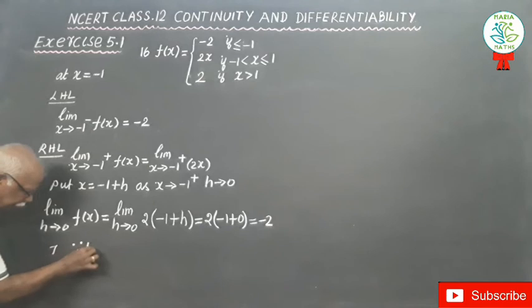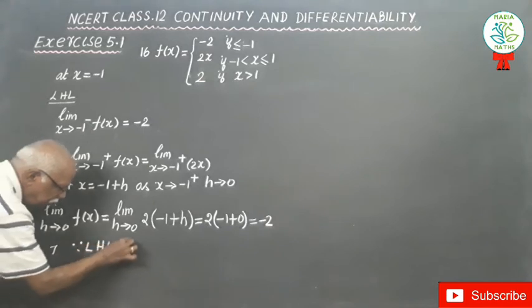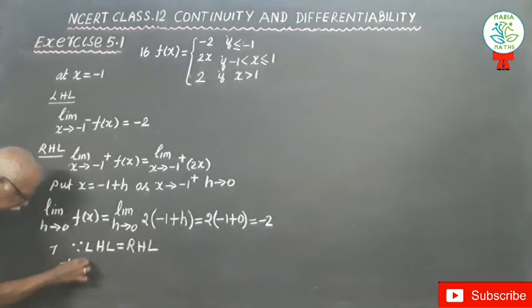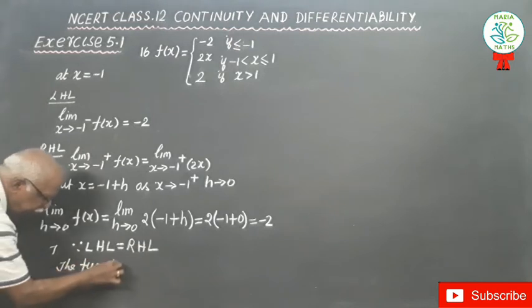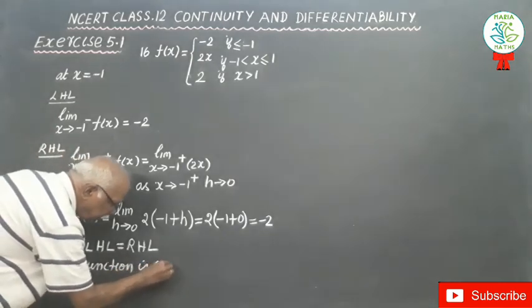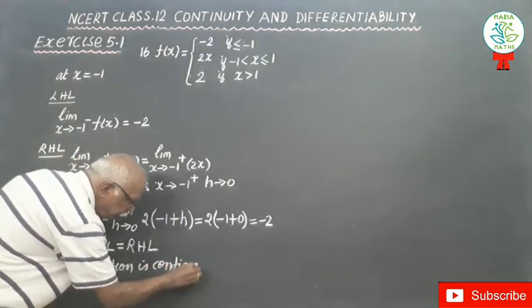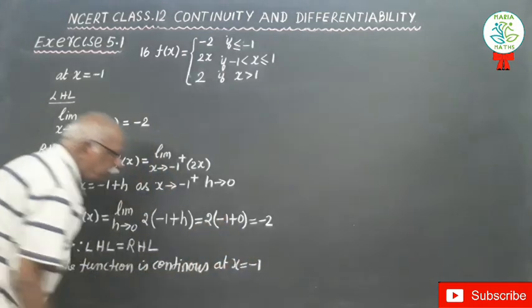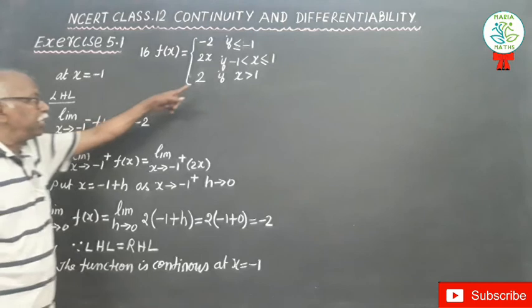Since LHL equal to RHL, the function is continuous at x is equal to minus 1. Now we will check for x is equal to 1.